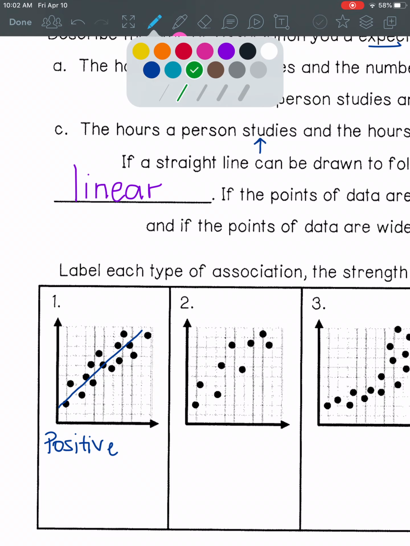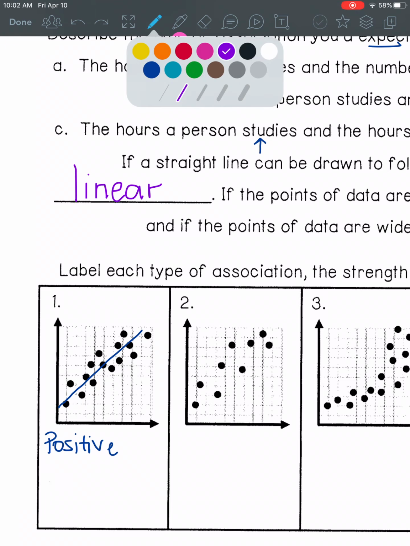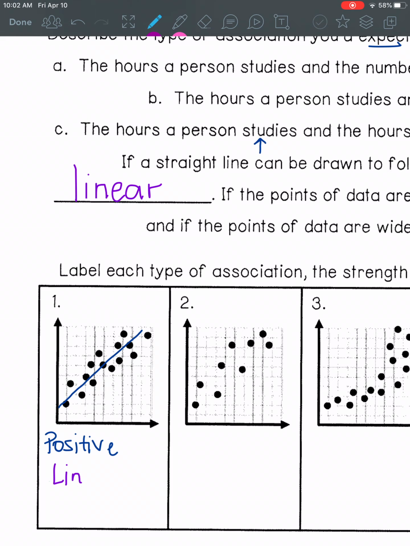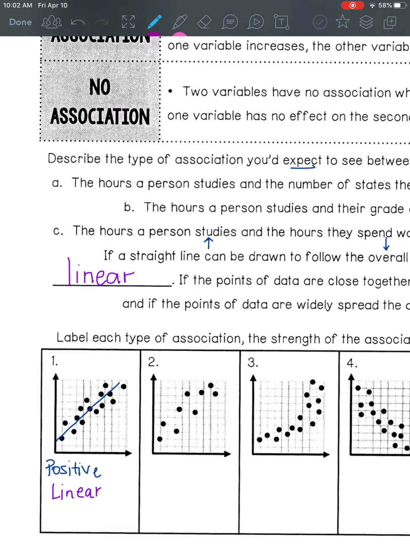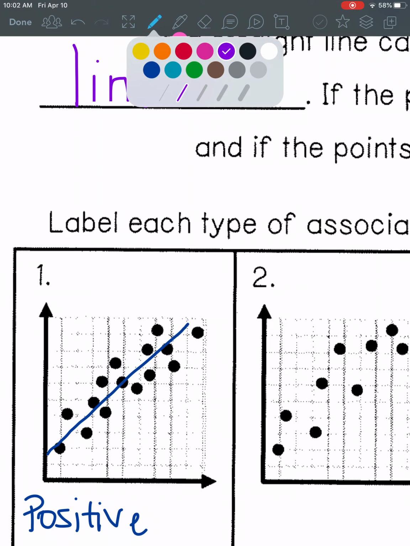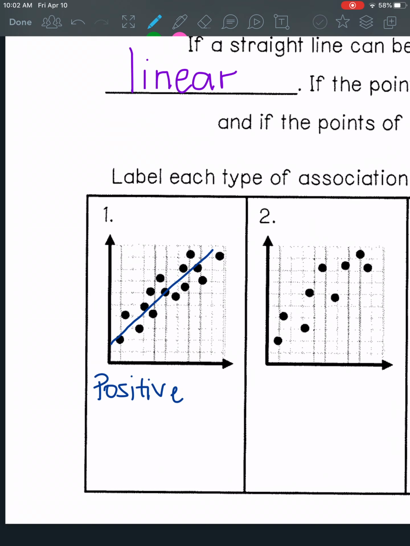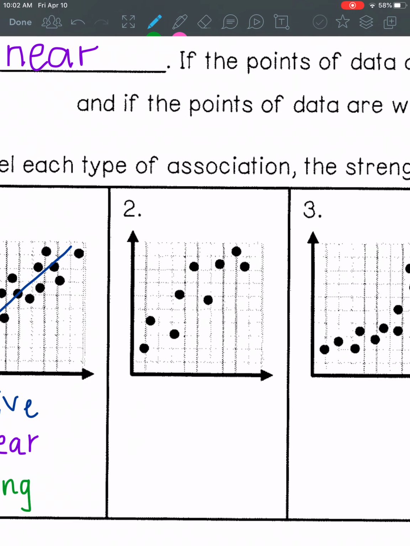You see I drew a line there, that is a linear association. And for me the points are pretty close. If you look at our line, they're all pretty close to the line. They're not too far away. So I'm going to call that a strong association. So it's a strong linear positive association.